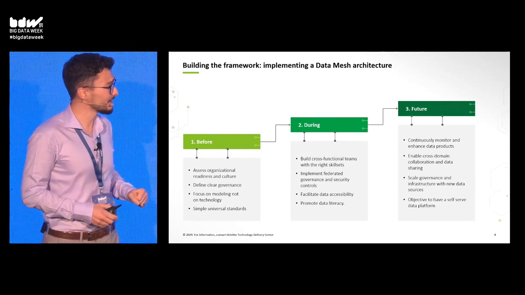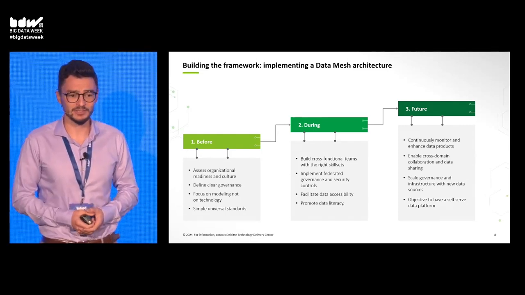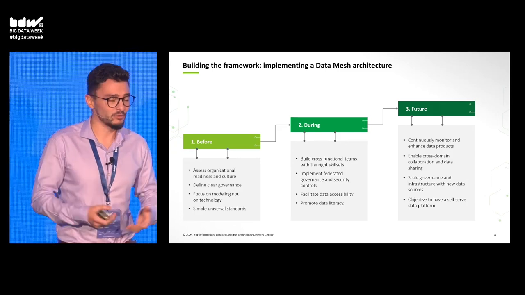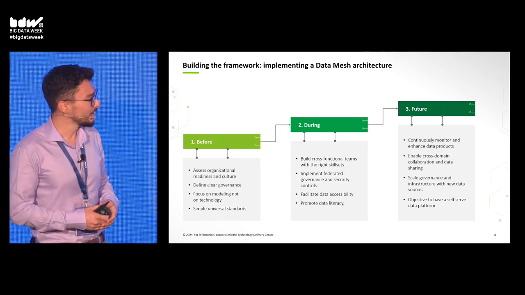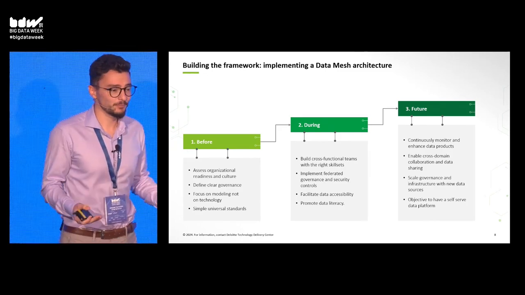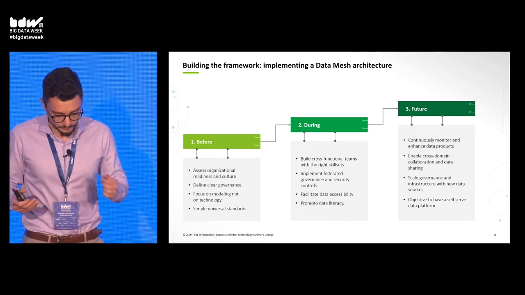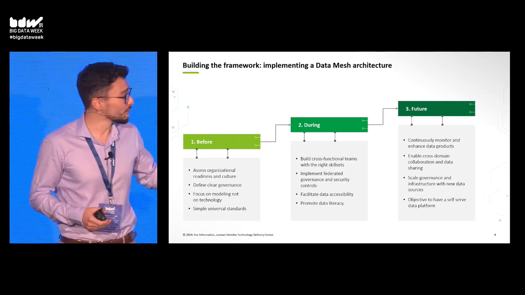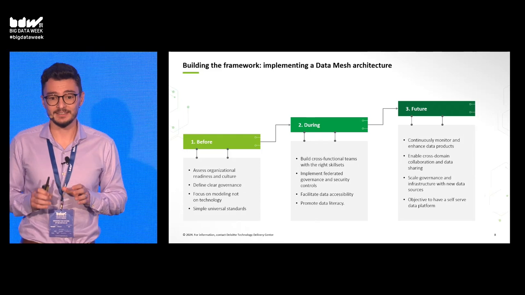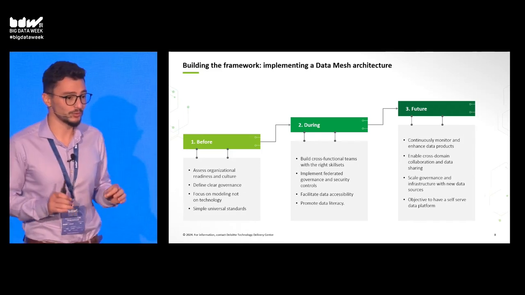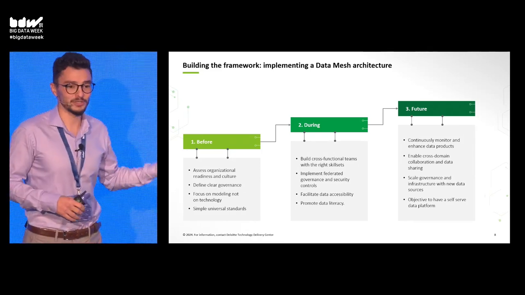After these steps are done, we can start building this cross-functional expertise over our teams. We can apply security controls, and also we need to facilitate data accessibility. If we don't do this, everything that I showed you will crumble.